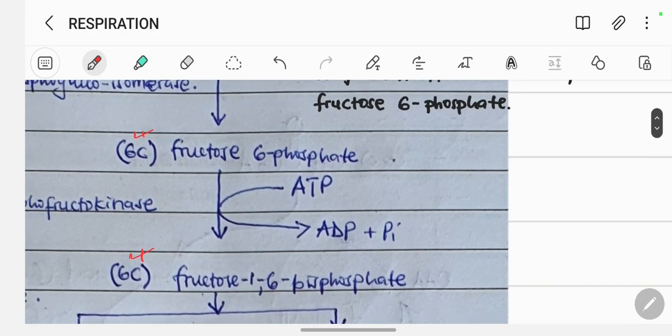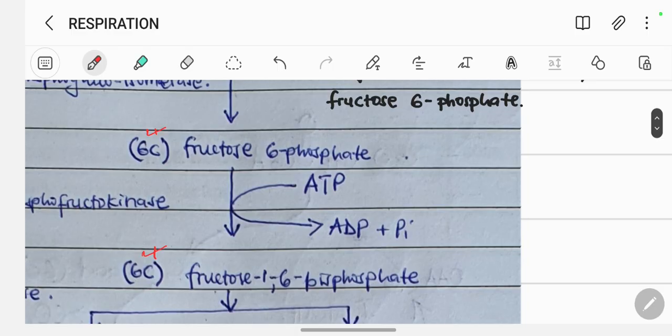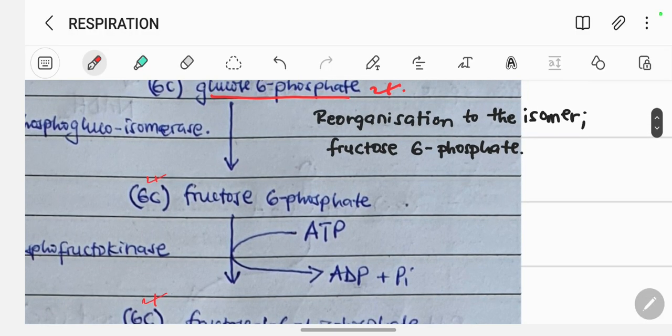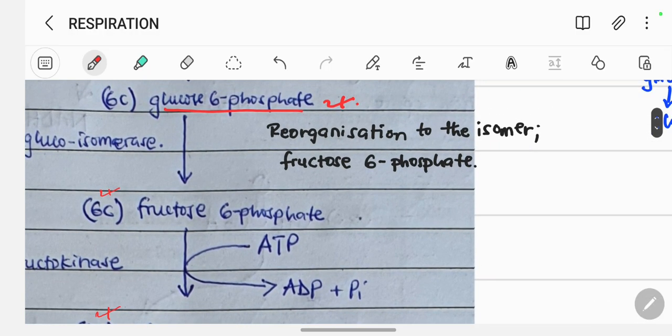Just to get it that we have 4 steps having 6 carbon compounds. So it's going to be easy. So we have 4 steps with 6 carbon compounds and 4 steps with 3 carbon compounds. We shall observe that as we move on.